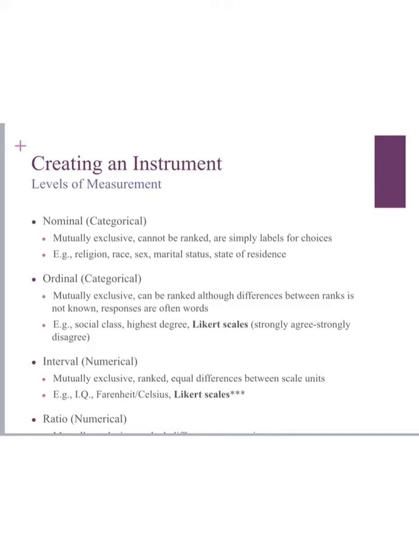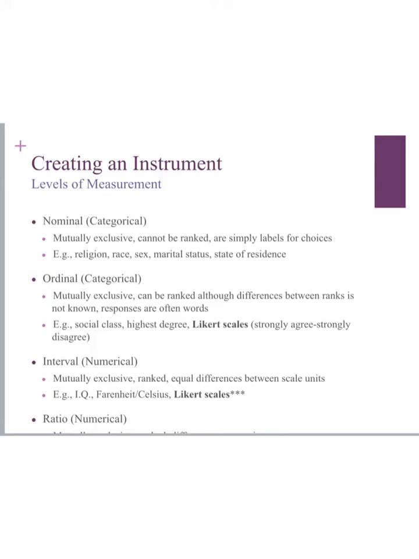An example of this would be degrees, Fahrenheit or Celsius, right? The difference between 20 degrees and 30 degrees is 10. The difference between 40 degrees and 50 degrees is 10. And 50 degrees is higher than 30 degrees. It's ranked. There's an equal difference between the units.